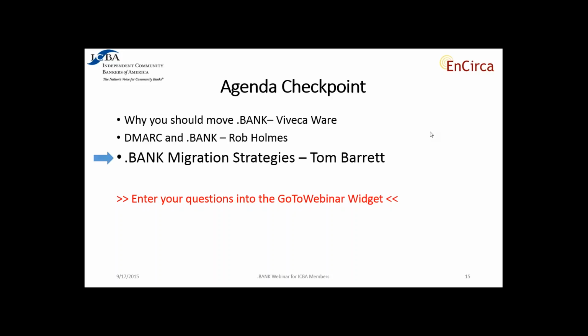Encirca has been lucky enough to capture about 50% of the .bank registrations. That's been quite a blessing for us, but it also means that we're handling the lion's share of the work in terms of activating these .bank domain names.